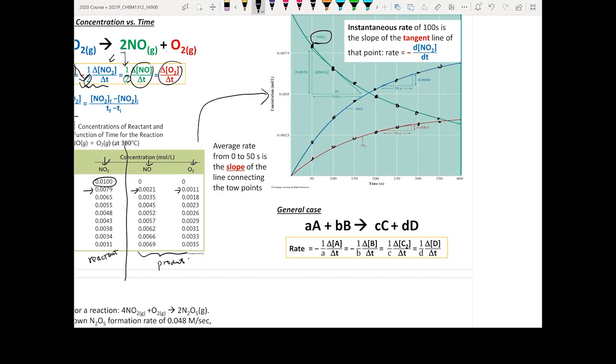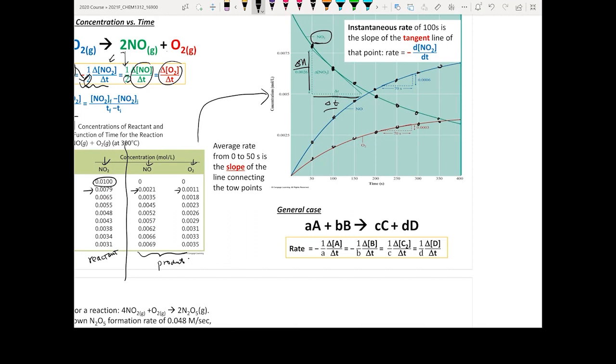From here, you can start to calculate the rate at any time point. For example, you can use this as your delta T and that as your delta N. This over this will give you the average reaction rate. Let's see how you visualize the reaction rates on the curve.